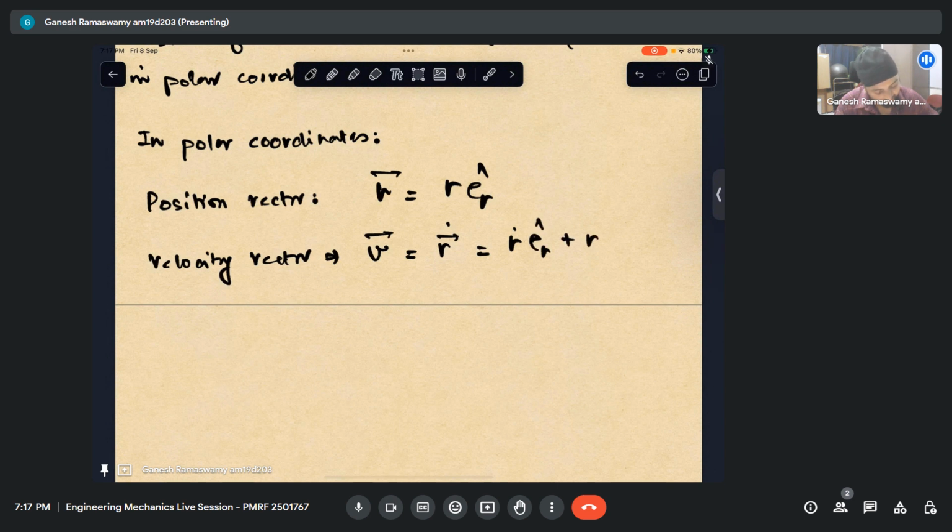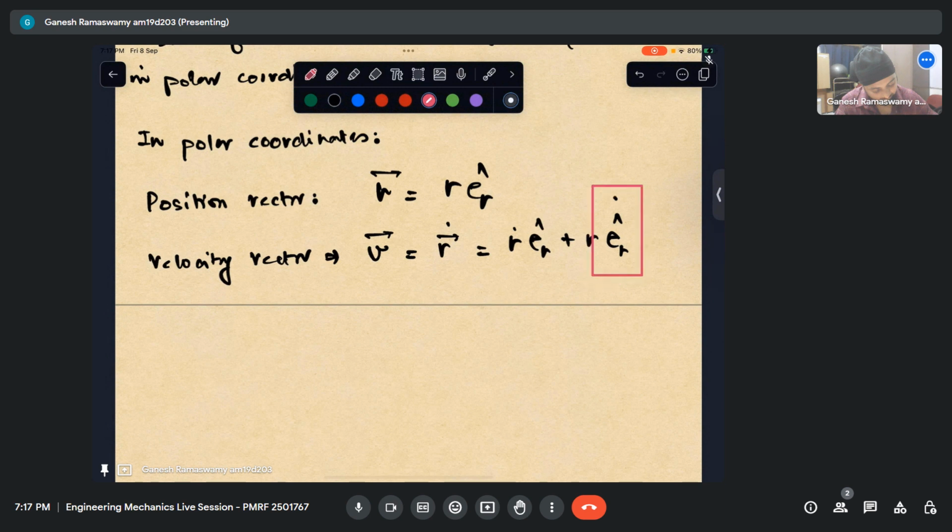And this term is not zero, but rather it is equal to theta dot. Let me write it here.